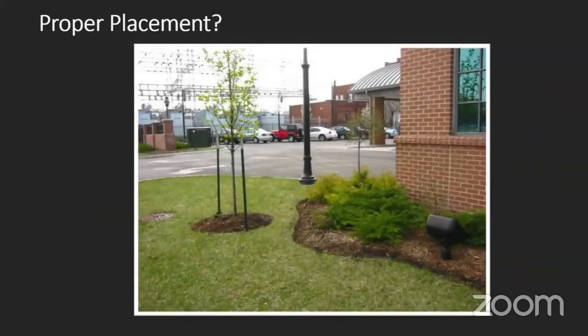This is another one, on a commercial site. You can see on the left there, we have a tulip poplar, which is the Indiana state tree. What do we know about these types of trees? They get very big. When I measured from the trunk to the corner of the building, it was approximately 8 feet. So obviously this tree is going to outgrow this space in a few years, which is going to require a lot of maintenance inputs as far as pruning.